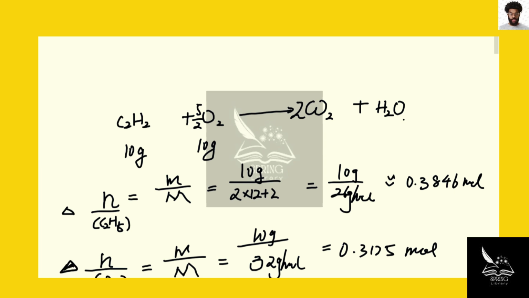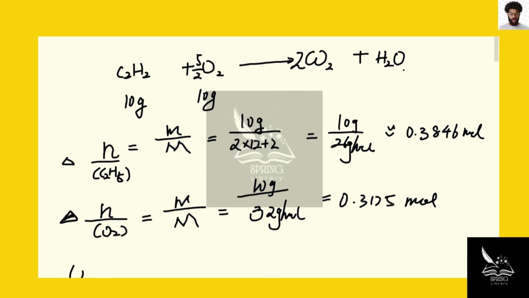And for the second part, all we need to do is find which is the excess reagent and which is the limiting reagent.